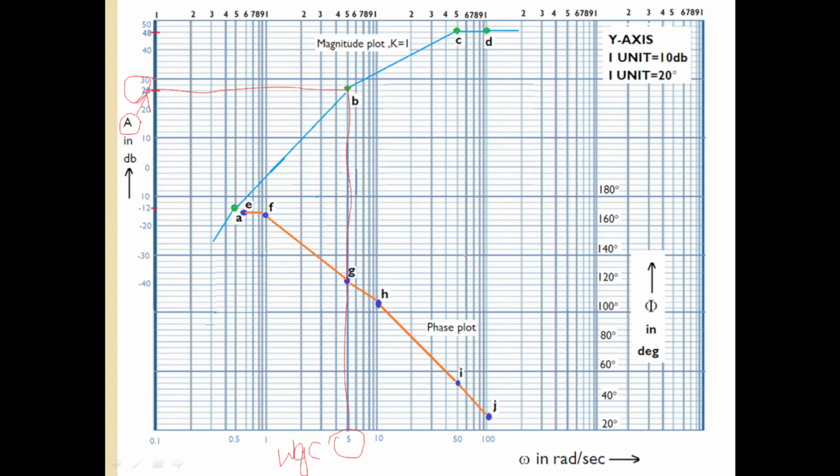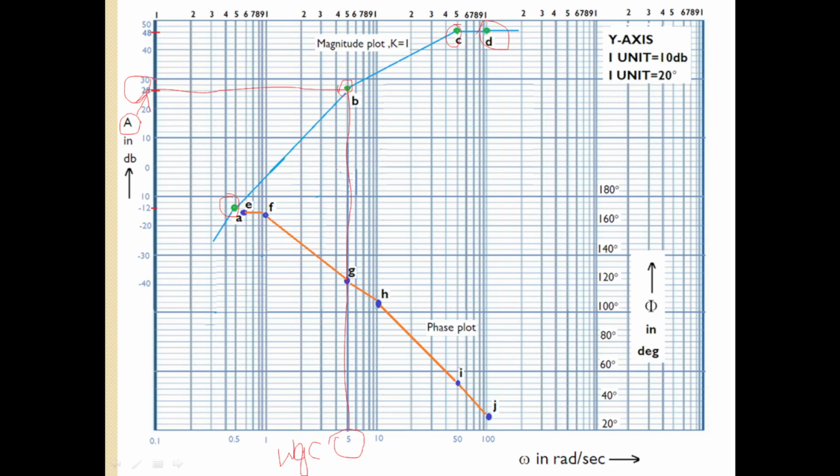So in the magnitude plot you can see there are 4 points, A, B, C and D. To each and every point add minus 28. For example, this is point B, that is 28. 28 minus 28, what do you get? 0.